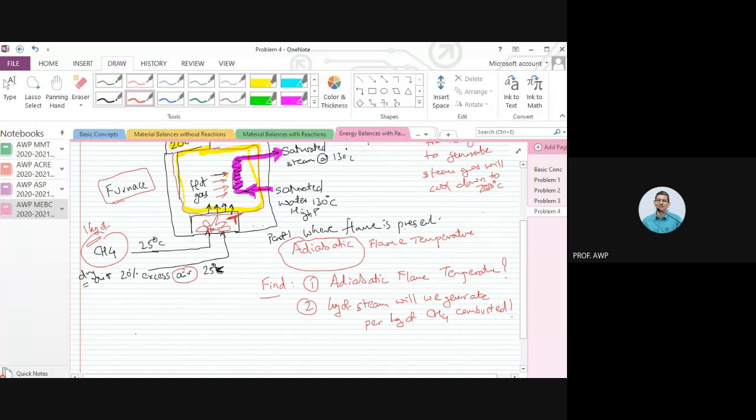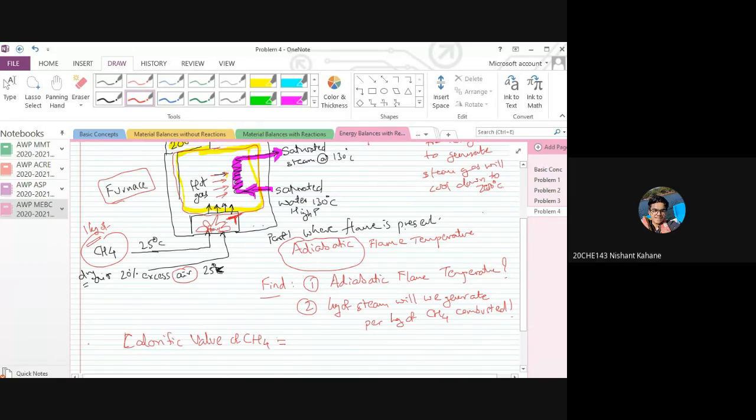Just to make your life simple, I am going to give you the calorific value of methane. Should I give you a higher calorific value or lower calorific value? Lower, sir.